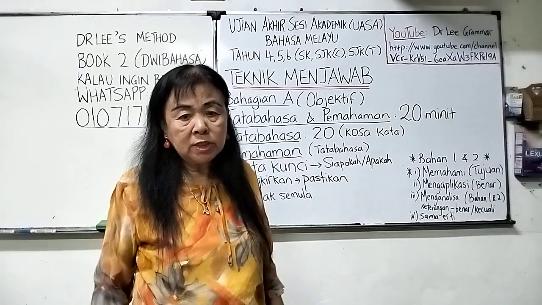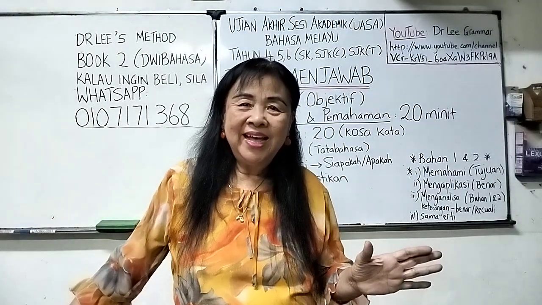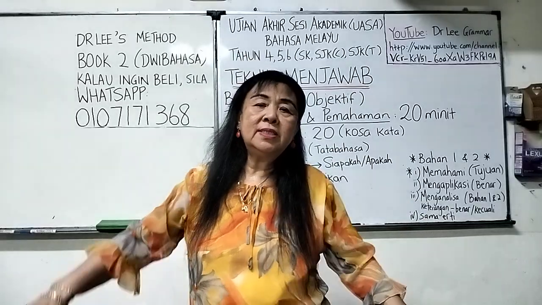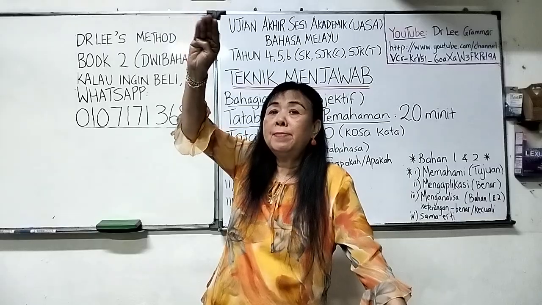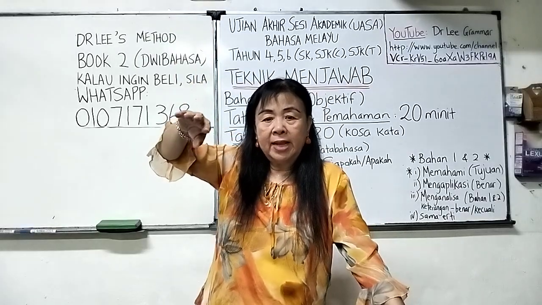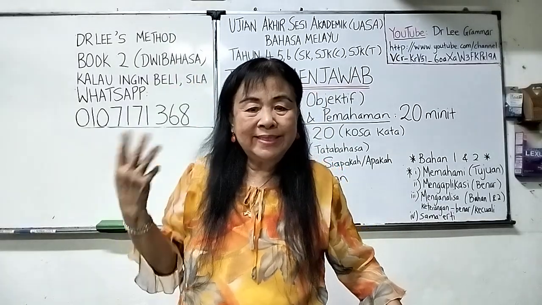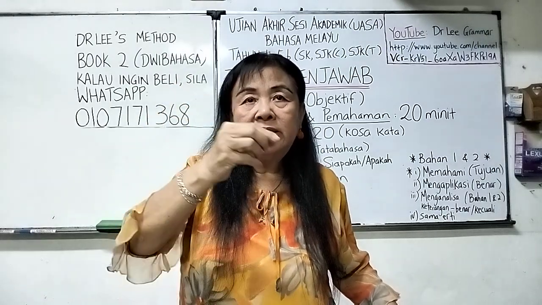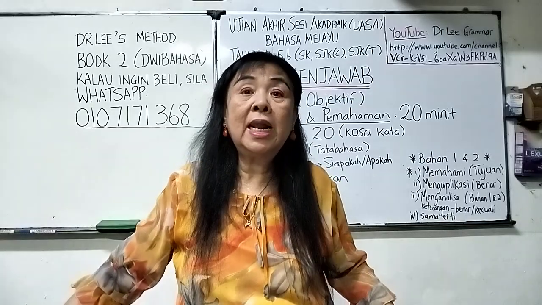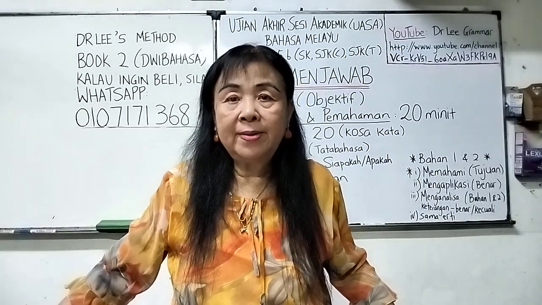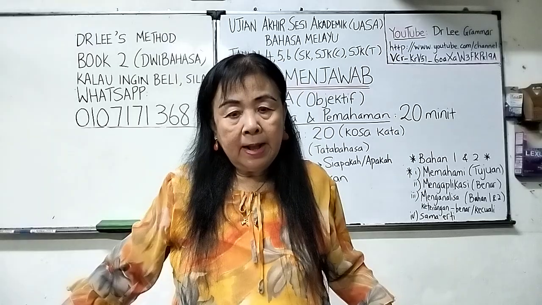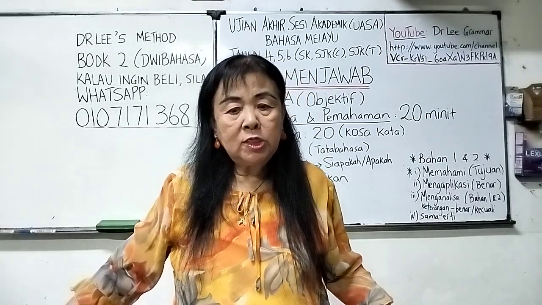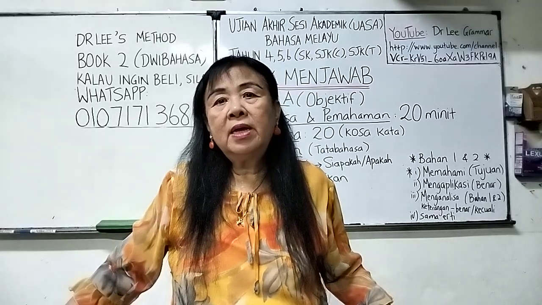Okay, and there's one question which although it is pemahaman, there is one question whereby it is actually tata bahasa. So for example, they say that in text 1, bahan 1 and bahan 2, there is one sentence, or maybe they just take from bahan 1, they take a sentence, and the sentence says, like just now I mentioned, glass door, pintu kaca, and then they ask you, what is the penjodoh bilangan that is suitable for this pintu kaca?